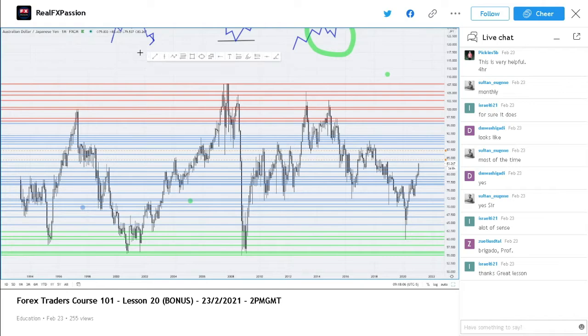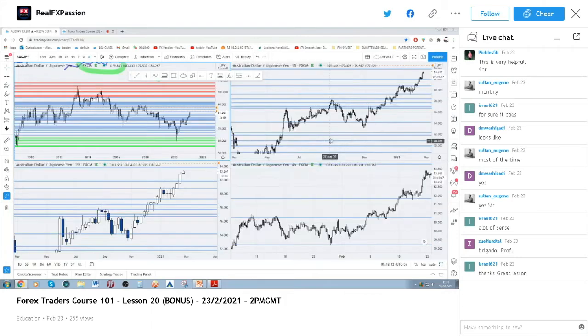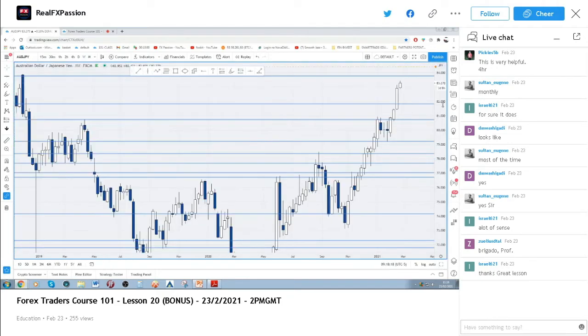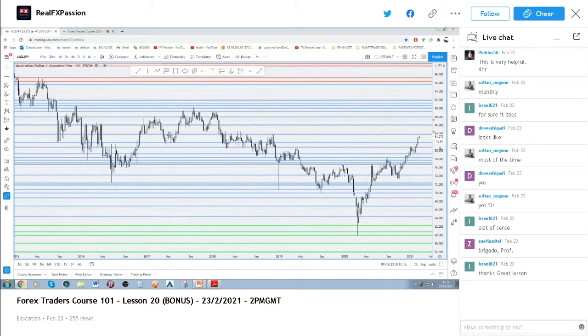Now, this is time consuming on the monthly chart, but TradingView has this great feature that you're going to do only once, everybody. So I did this on the monthly chart, and now we have the same things on the weekly chart. Do you see?